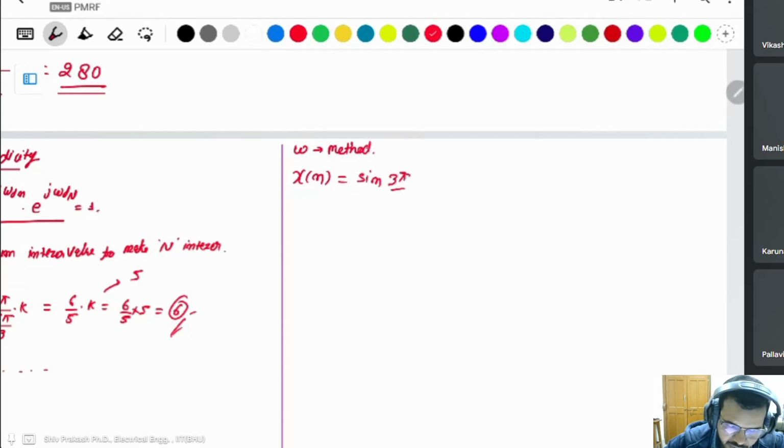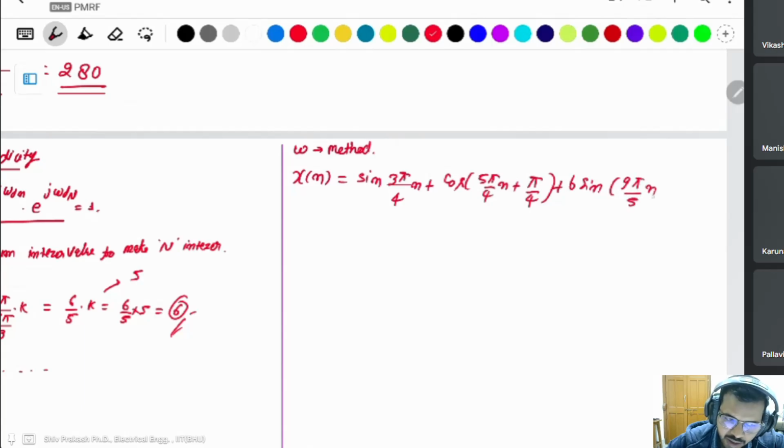The signal is sin(3π/4 n) + cos(5π/4 n + π/4) + 6 sin(9π/5 n + 3π/4). This is omega 1, omega 2, omega 3.